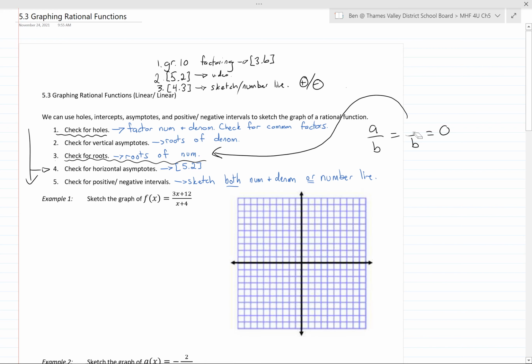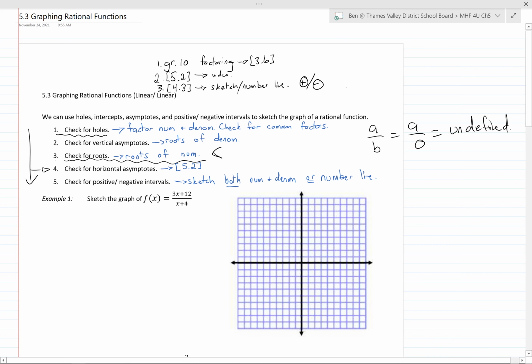Well, let's try something else. What if b equals 0? Then I have a over 0. If I put that into my calculator, or I might know it, we're not allowed to divide by 0, because this gives us an undefined solution. So if our solution is undefined, that's where we get a discontinuity. That's where we have an infinite discontinuity if there's a vertical asymptote.